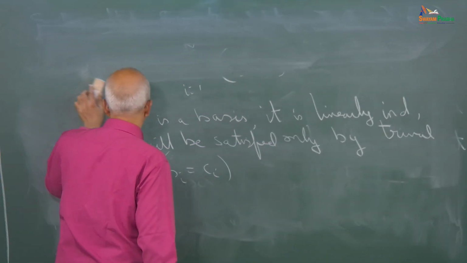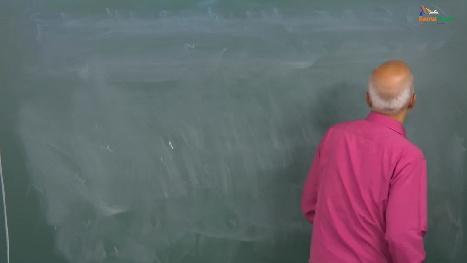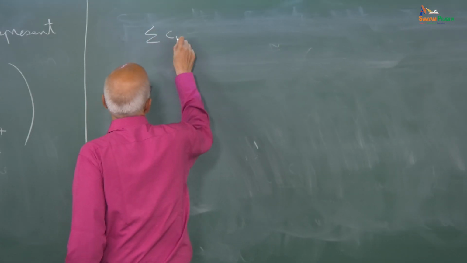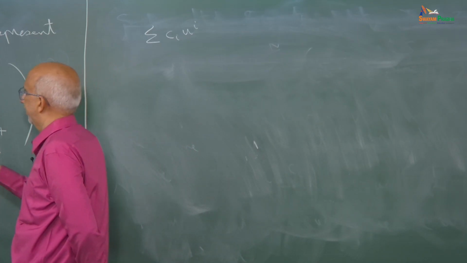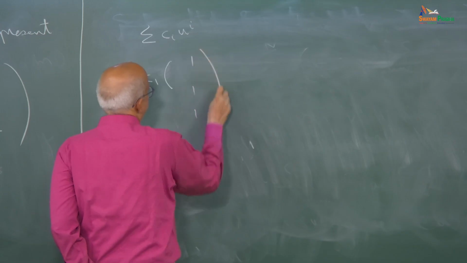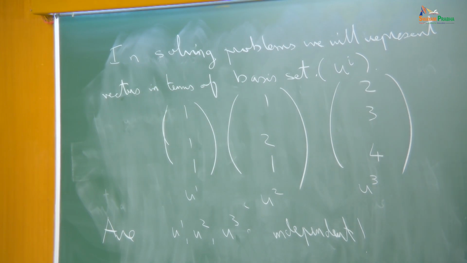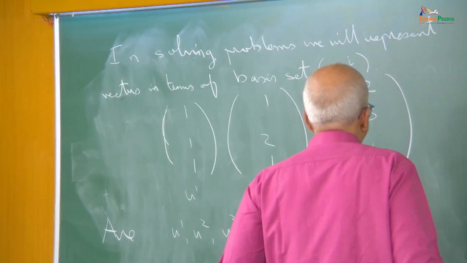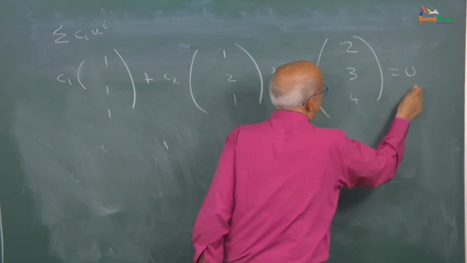Let us go back a little bit and do things a bit more slowly. I have to look at sigma Ci ui, which means I will write C1 multiplied by (1, 1, 1) plus C2 multiplied by (1, 2, 1) plus C3 multiplied by (2, 3, 4) equals 0.